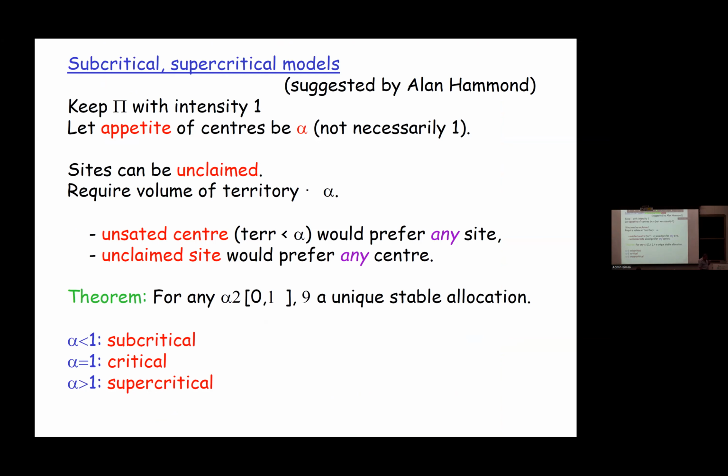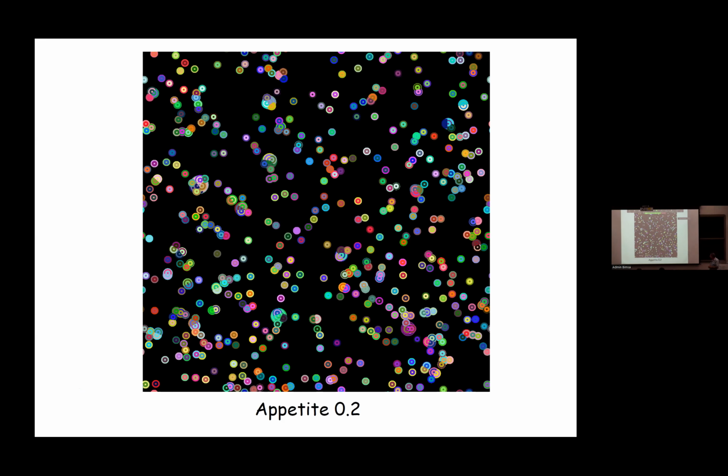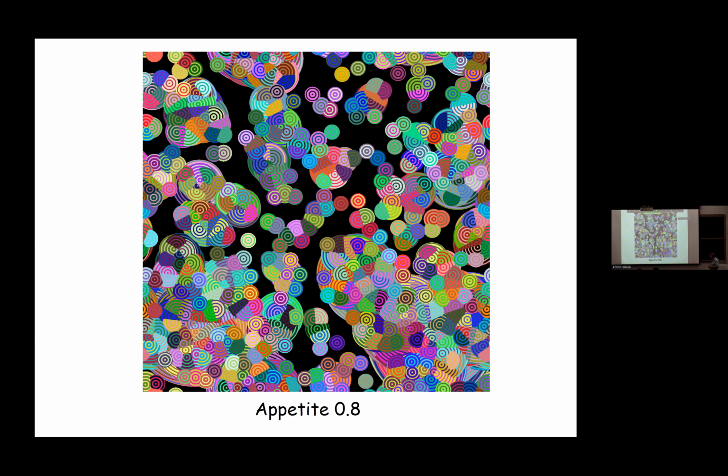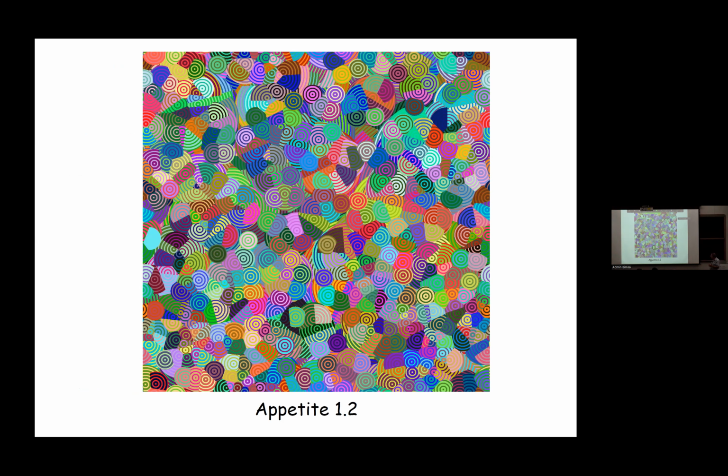To get this allocation, every center had appetite 1, but you could think of the appetite as a parameter, where the quota of every center will be alpha instead of 1. And here is a picture with 0.2, here's a picture with 0.8, and here is a picture with 1.2. And if you make the appetite infinite, you'll get exactly the Voronoi tessellation.